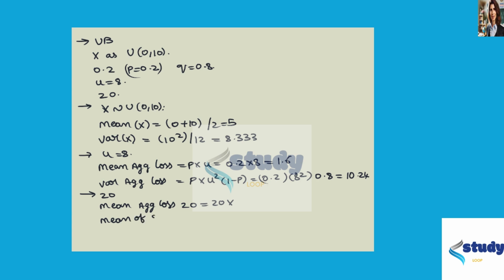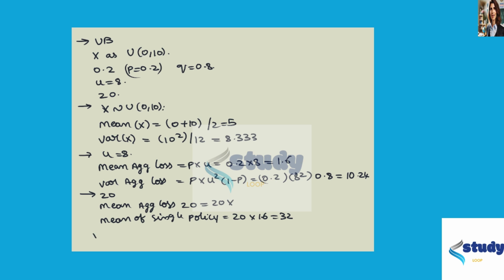The mean of a single policy is 1.6, so 20 into 1.6 is equal to 32.